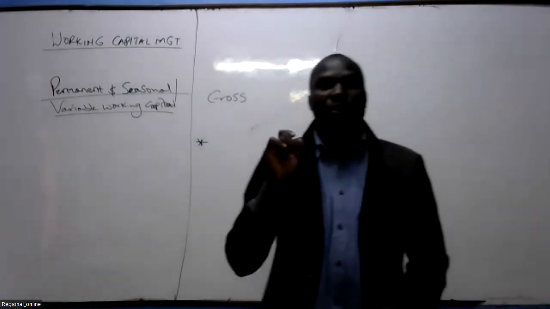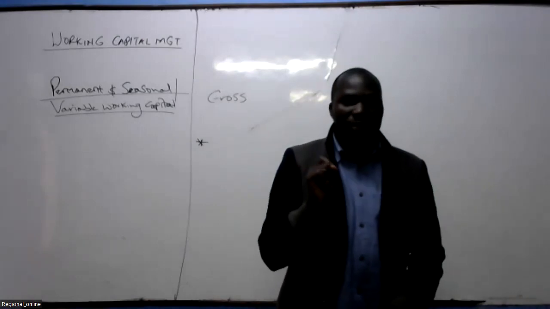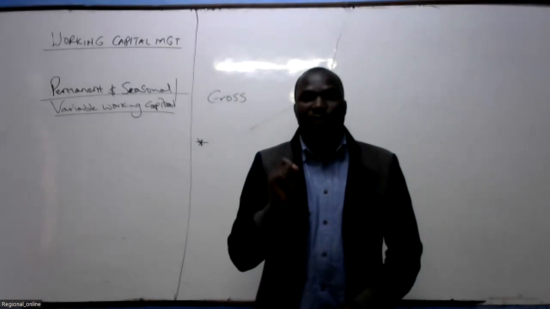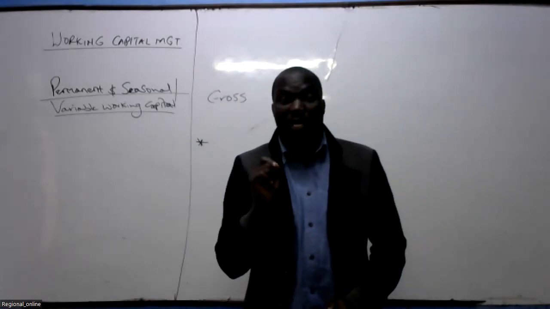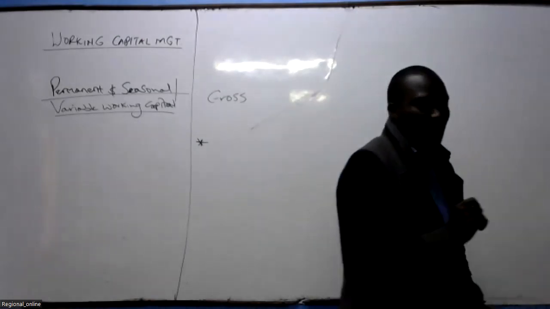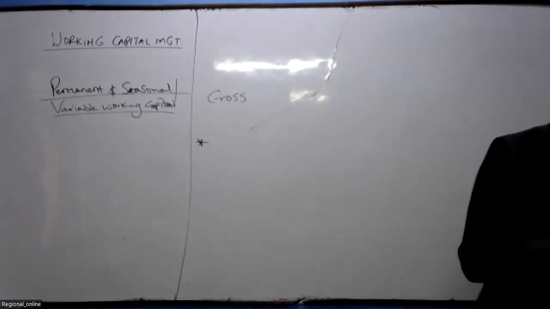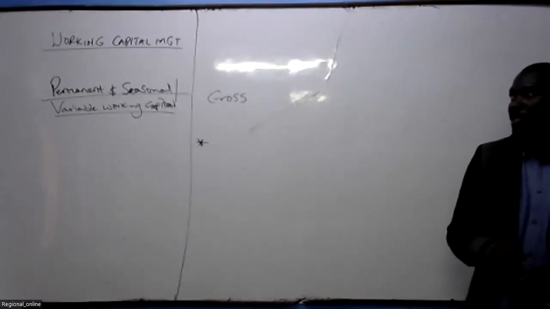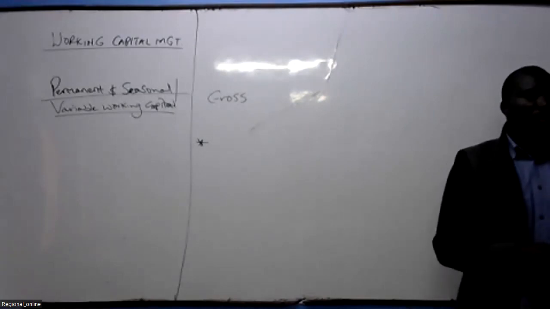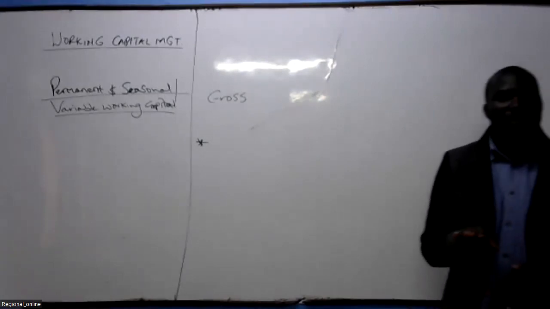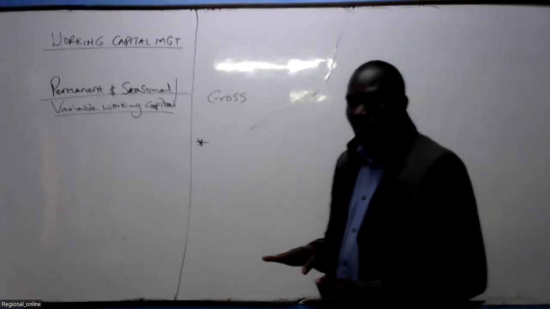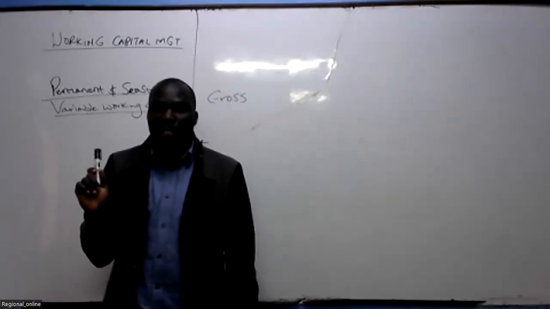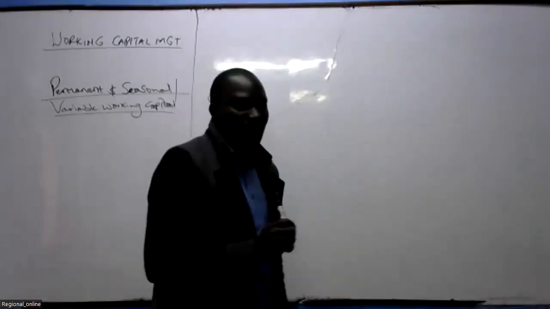There is a level where, when stock reaches it, everybody involved gets scared, and they look for how to order stock because you're likely to run out. That minimum level is fixed, and it is what we call the permanent working capital or the permanent current assets.